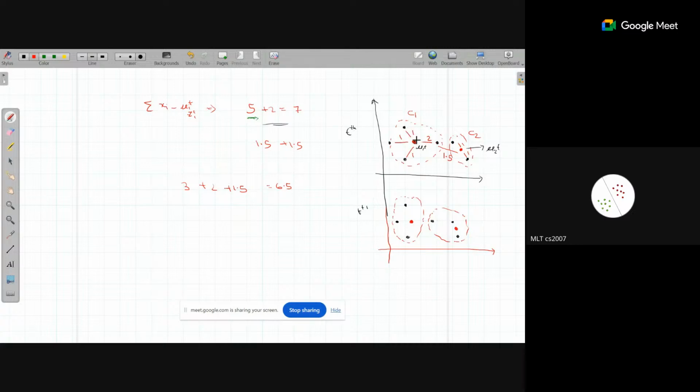I hope you agree on this one. So let me take this one. This is a new one. Now this one became 1.5 and this one became 0.5. This one is also 1.5. But the distance from here to here and from here to here will obviously be more than 1.